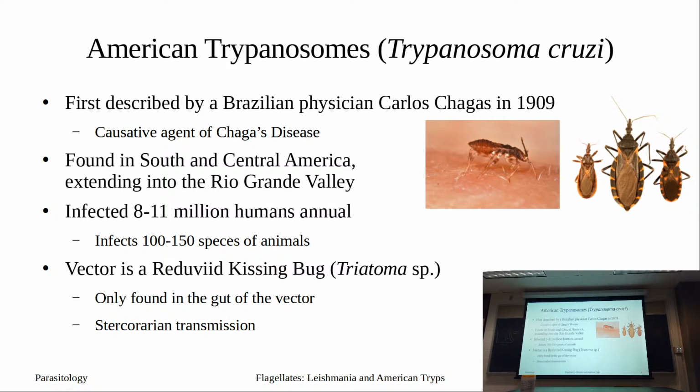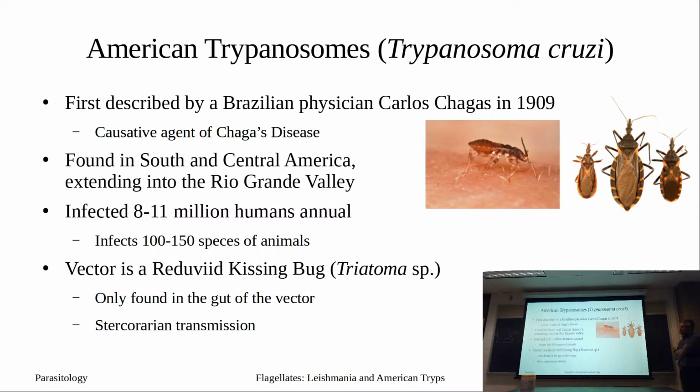But incidentally, even though we find it in the reduviids here, and even in like the San Antonio region, you don't see the human cases. And I think there's been some studies suggesting that, yeah, it's being identified as Trypanosoma cruzi, but maybe it's some sort of different genotype that can't infect humans.